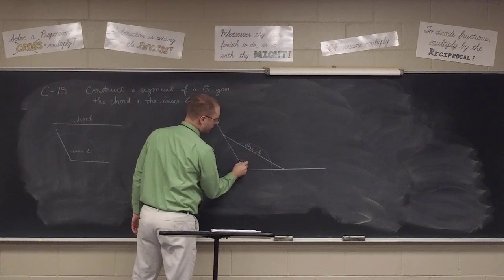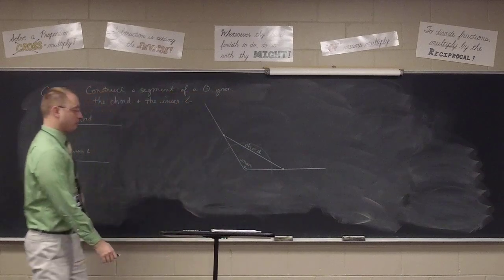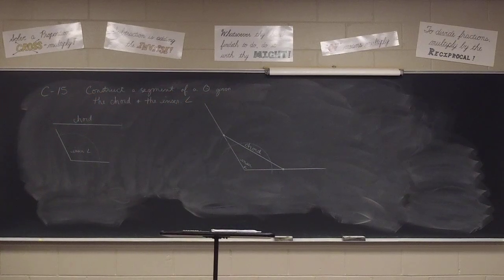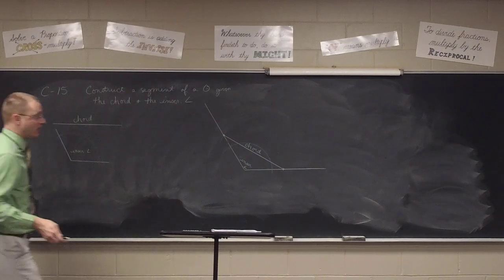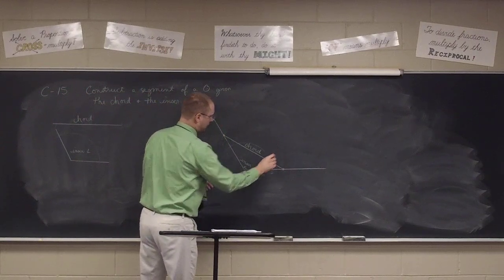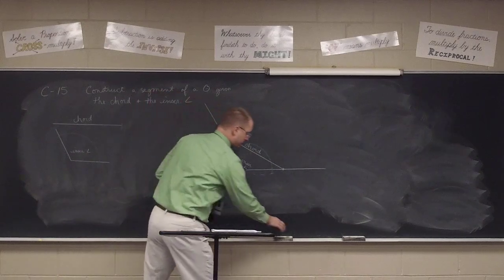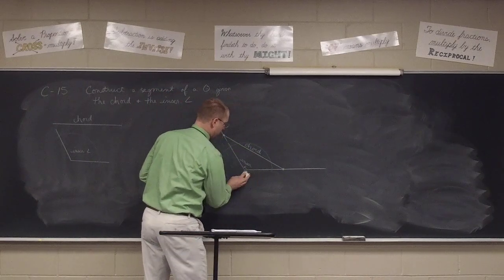So here's my chord, and there's my inscribed angle. Now, I still have to put the rest of the circle around, or at least the arc that's going to finish off the segment. I know the arc is going to do something like this, correct? But I need to not just know about where it's going to be, I need to know exactly where it's going to be.